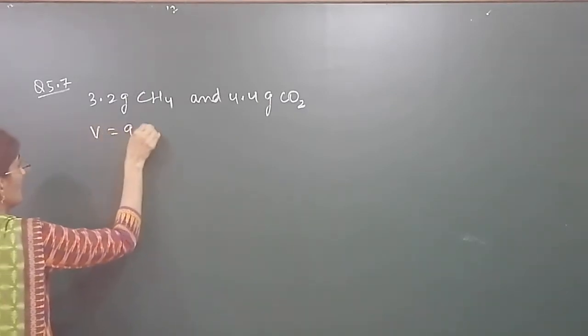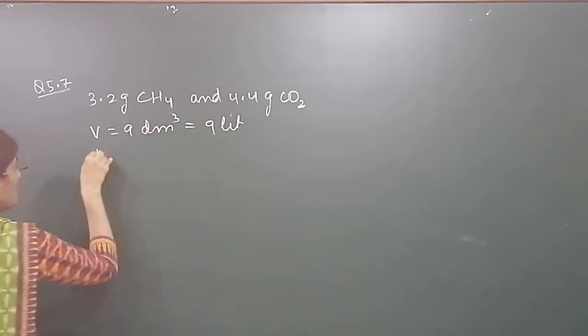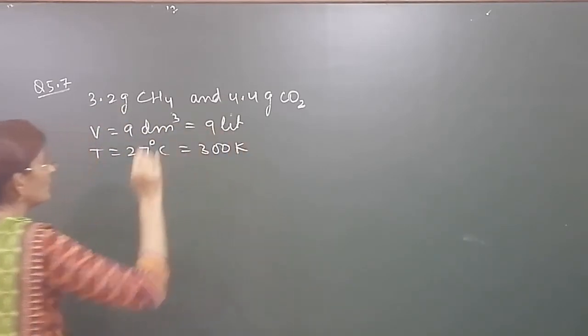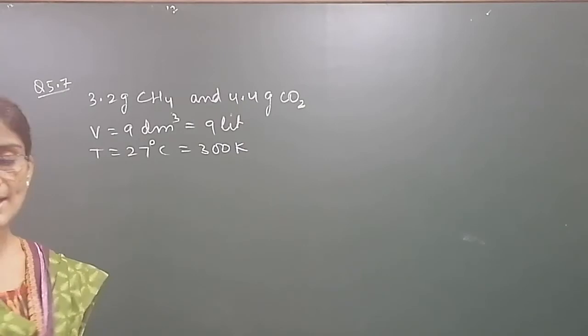Volume is given as 9 decimeter cube, that is 9 liters. And temperature is 27 degrees, so it is 300 Kelvin. We have to determine the pressure exerted by the mixture. Total pressure we have to determine.